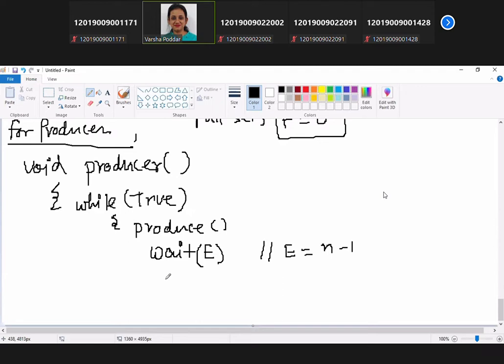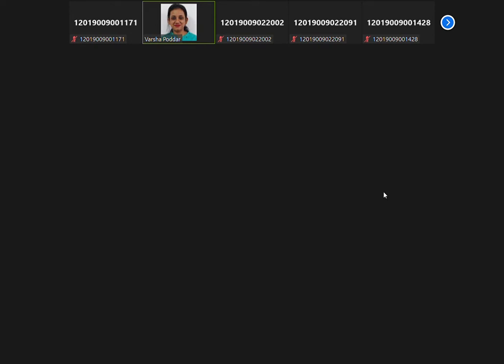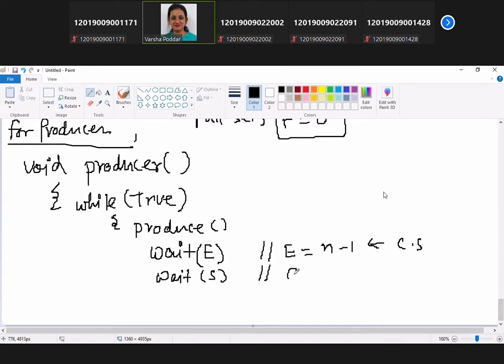When the empty set is reduced by 1, I am entering into the critical section. This is my critical section, right? So by this, what I am ensuring is that the consumer cannot enter to access your critical section, that is the buffer.